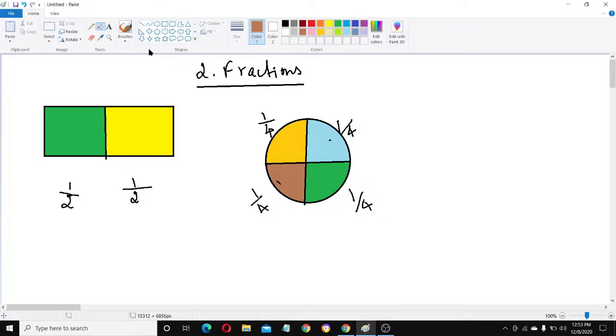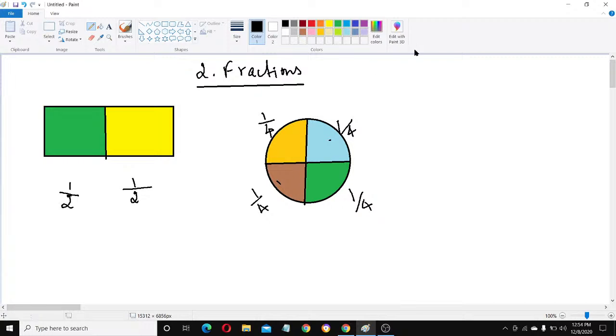So in this rectangle divided into two equal parts, green color part is 1 by 2, yellow color part fraction form 1 by 2. Here the circle is divided into 4 equal parts. Yellow color part 1 by 4, because out of 4 equal parts, one part is yellow color part.